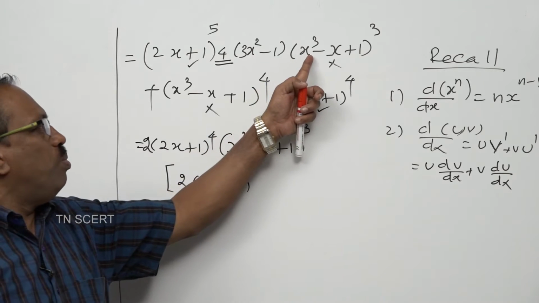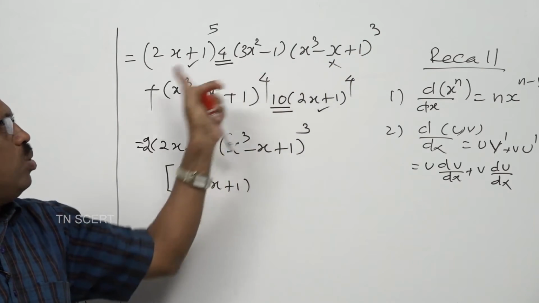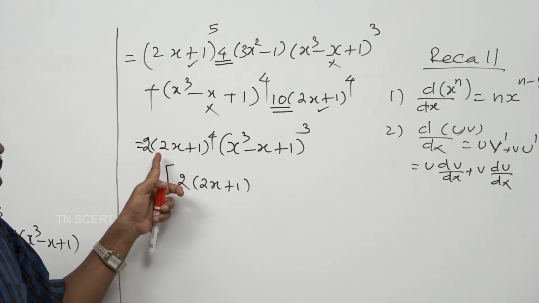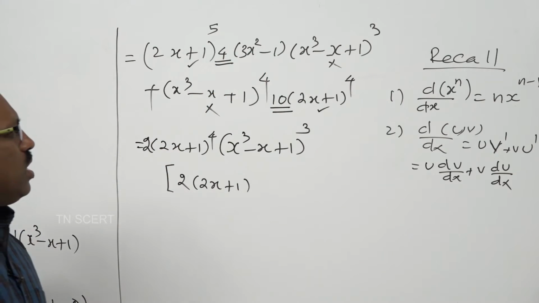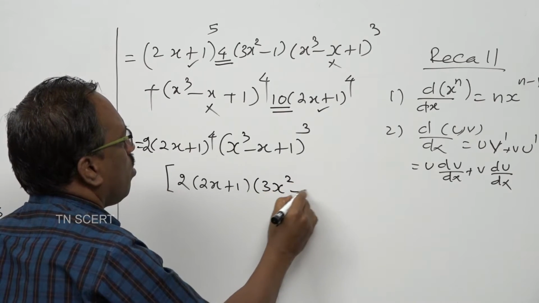Now x cube minus x plus 1 whole power 3 I have already taken out, so no term exists. The only things are 2x plus 1 and 3x square minus 1. That is a term, this is the new term here, 3x square minus 1.